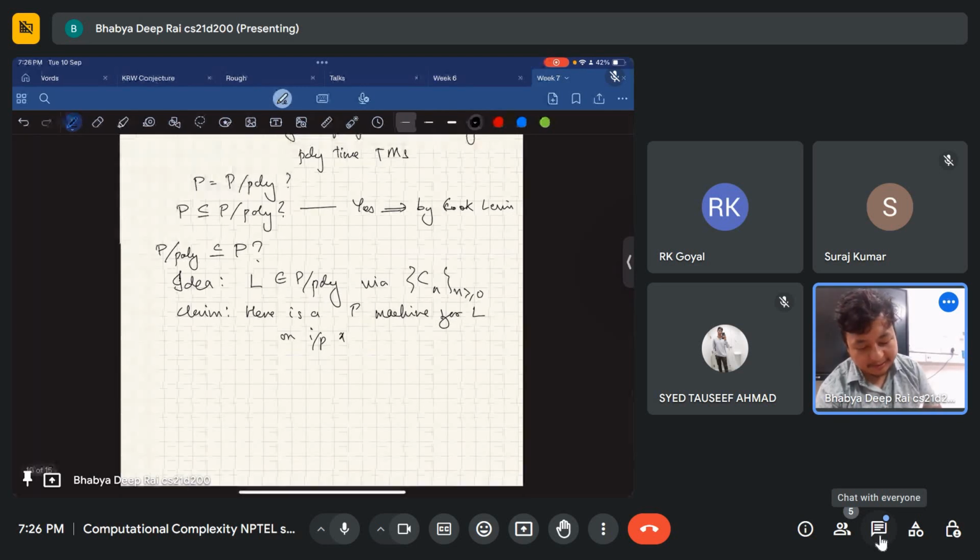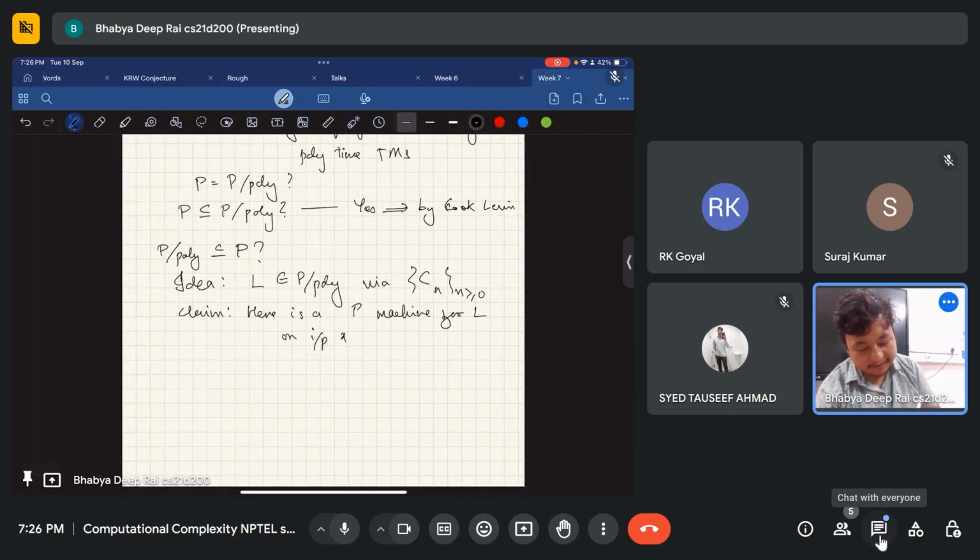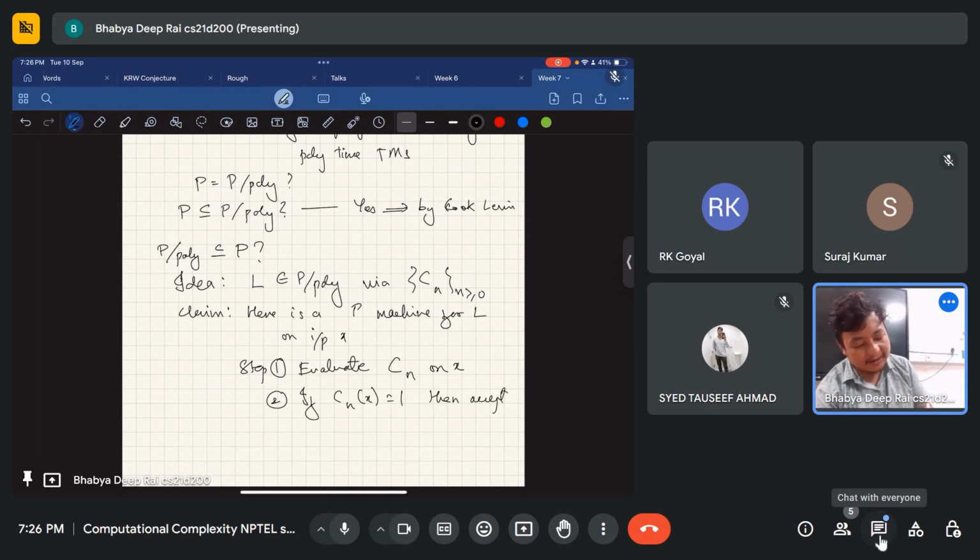On input x, step one: evaluate Cn on x, which we already saw is possible in polynomial time. If Cn on x is equal to 1, then accept, else reject. This takes polynomial time, no? And this would show that P/poly is contained in P. What is wrong here?